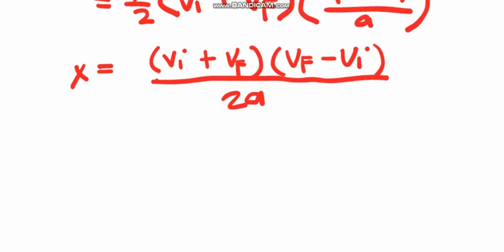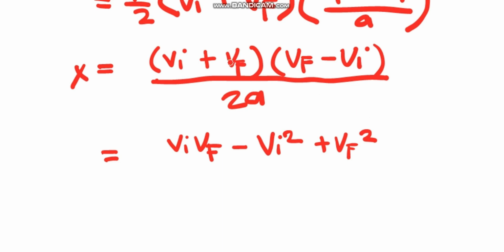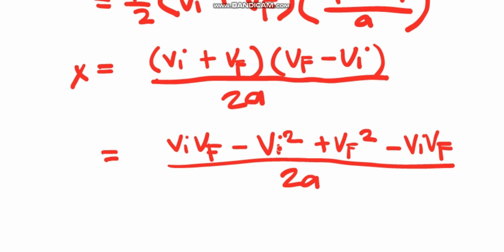So by multiplying these quantities, we'll have the first term, Vi times Vf, the outer term, Vi and negative Vi, therefore it is negative Vi squared, the inner term, Vf and Vf, plus Vf squared, and the last term, Vf and negative Vi, is negative Vi Vf. Our denominator, of course, is 2a. So if you'll notice, we can cancel Vi Vf. This is a positive one and the other is negative, so we can just cancel it out.